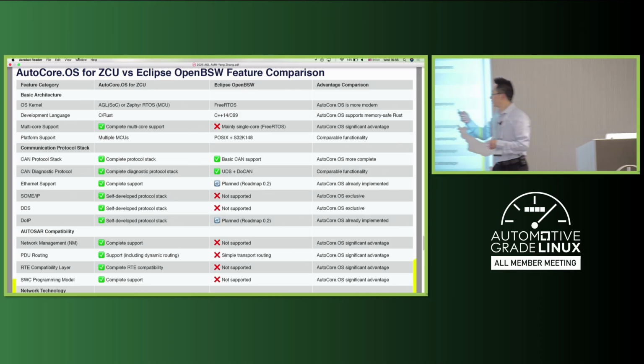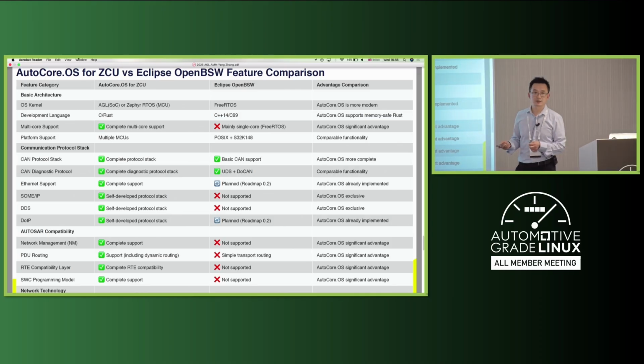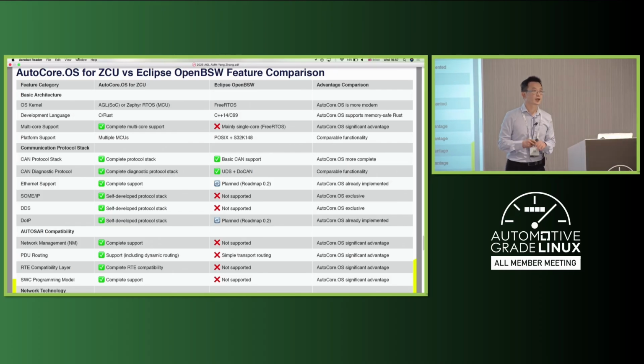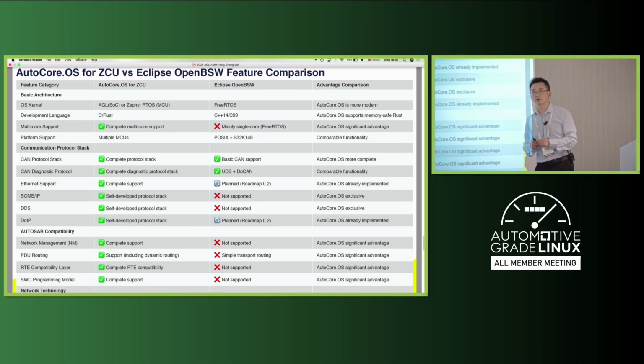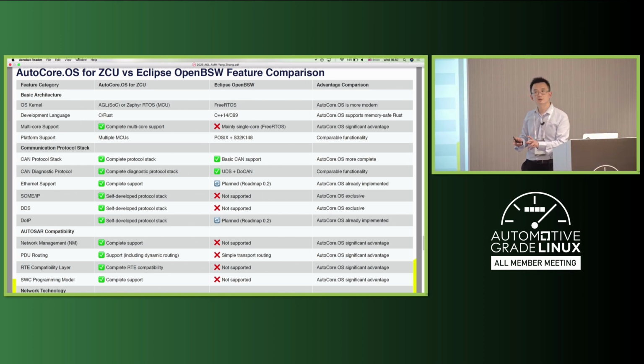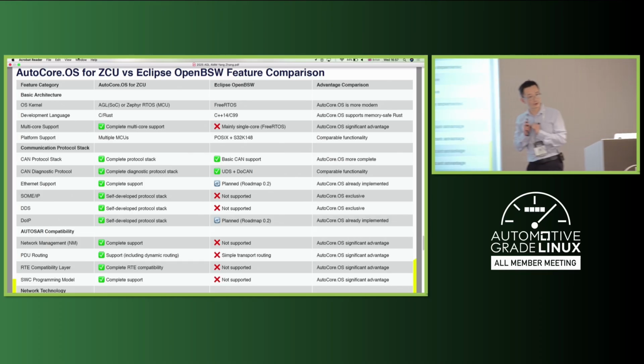We inherited a lot of benefits to provide an alternative solution to traditional AutoSAR Classic for those ECUs. And on top of that, we can demonstrate that achieving high functional safety certified ZCU system software has nothing to do with whether you're AutoSAR Classic software or not.